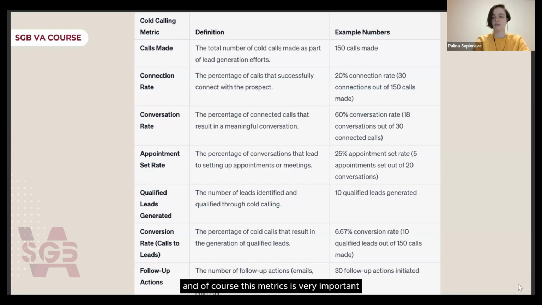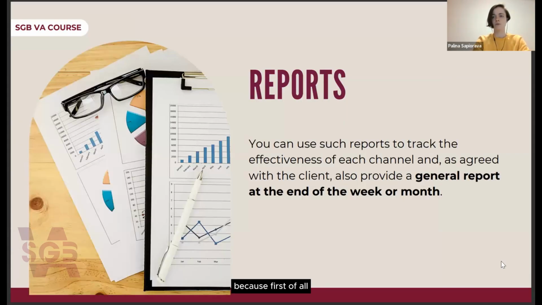And of course, these metrics are very important, because first of all, it's feedback for you to analyze how successful you are, and probably to think what should be changed. Probably you should change the script you use during cold calling. Probably you should change something in outreach messages or in emails.